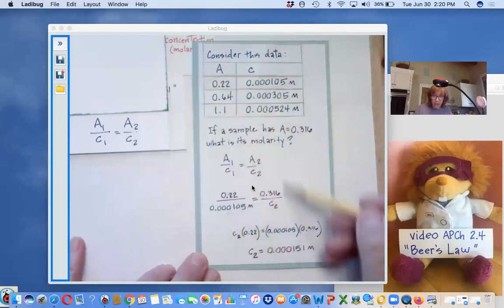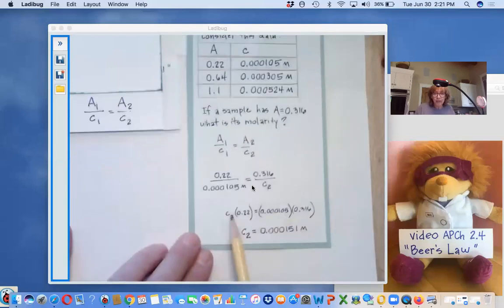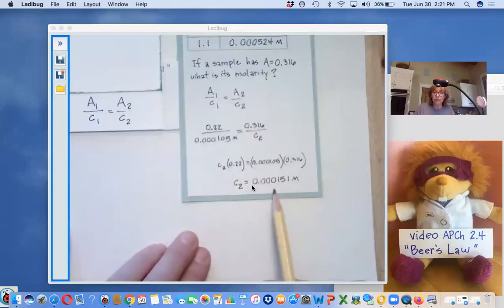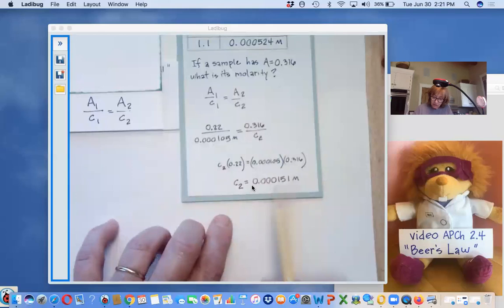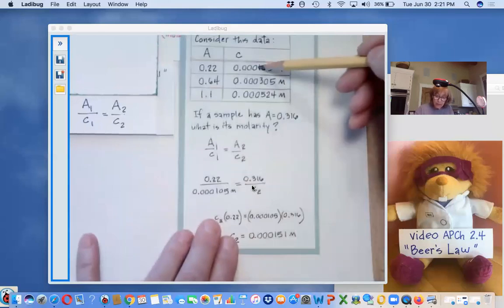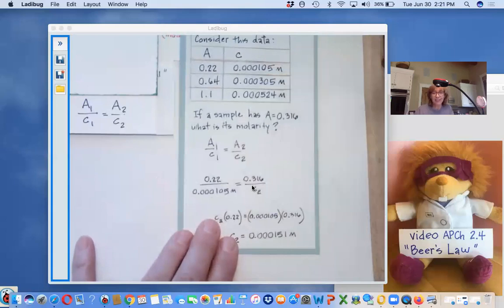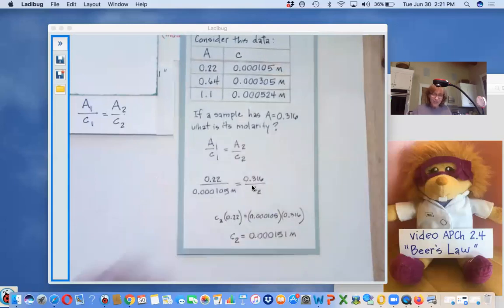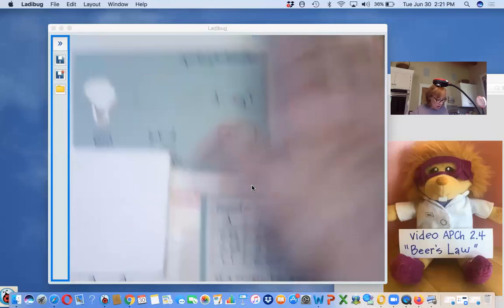Having set up that proportion, then I simply solve for C2, and here's my answer. And let's do a common sense check. Is this concentration, in fact, between these two? And yes, it is.